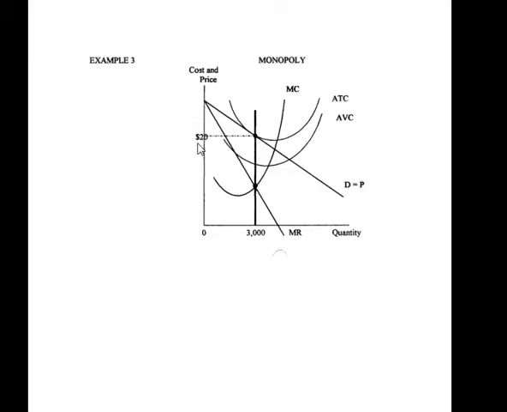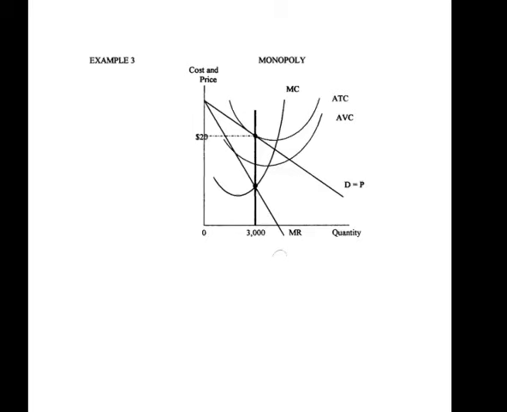In this case, I arbitrarily picked $20 as the amount. Okay, so we know right away at this point on the graph that we've got 3,000 units of output, we know that $20 is the price. I hope you look at that graph and you can also tell that something else is $20. What would that be?